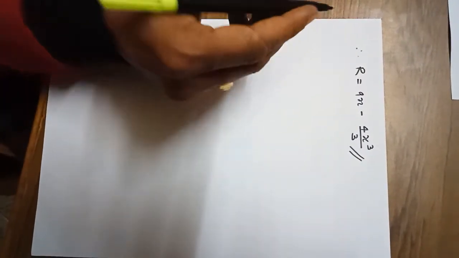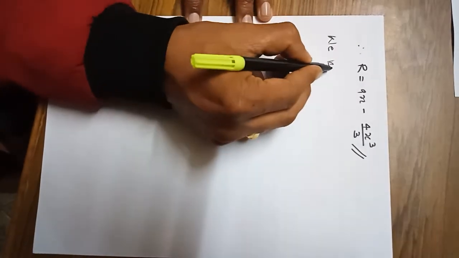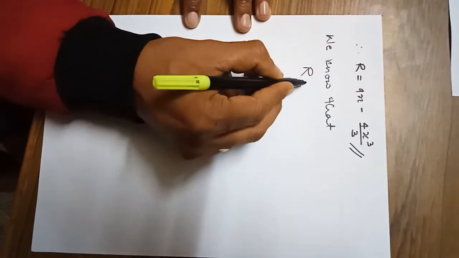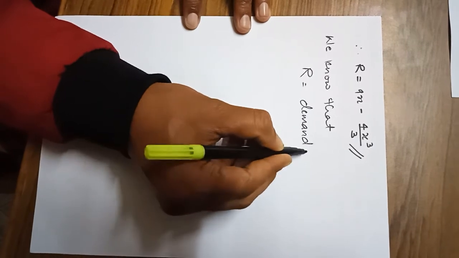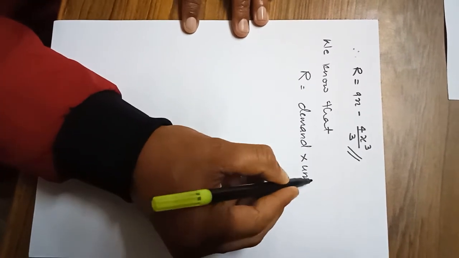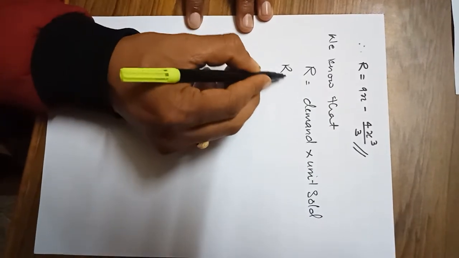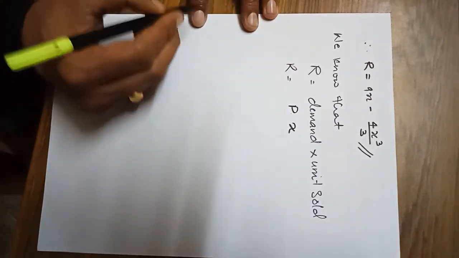Now we know that revenue R is equal to quantity demanded times units sold. This is our formula, right? Which we can write as R equal to p times x.